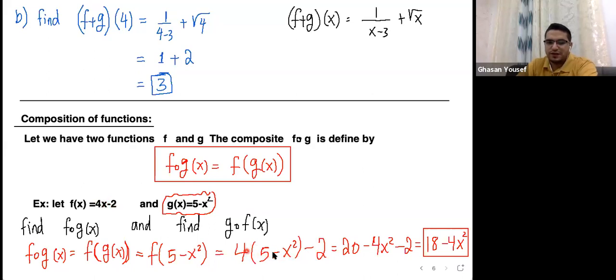First we distribute the 4 inside the parentheses: 4 times 5 gives me 20, and 4 times minus x squared gives me minus 4x squared. Then we have the minus 2 outside. 20 minus 2 is 18, so we get 18 minus 4x squared. Okay, for the second one, g circle f of x.